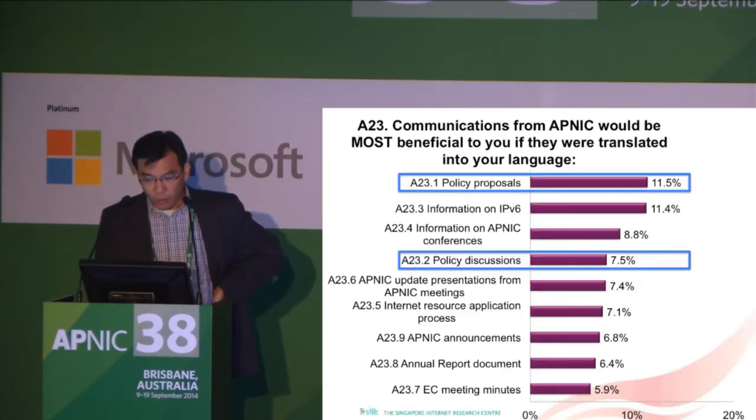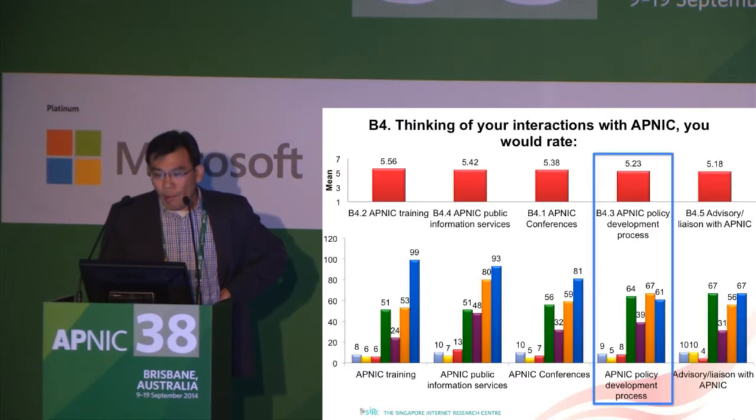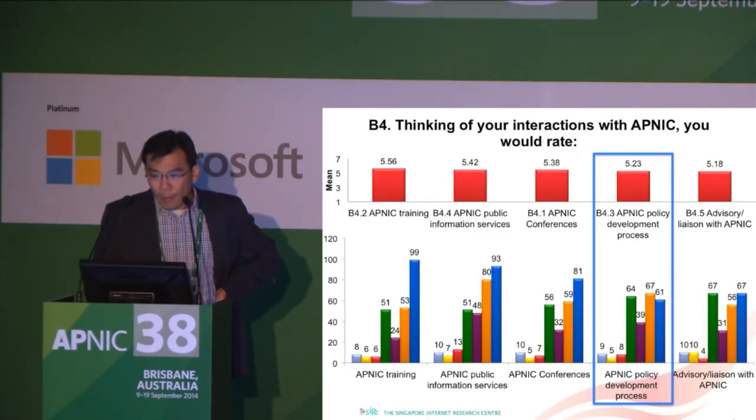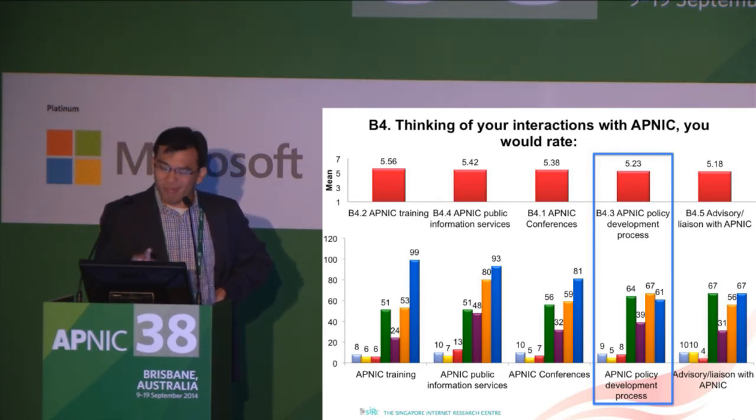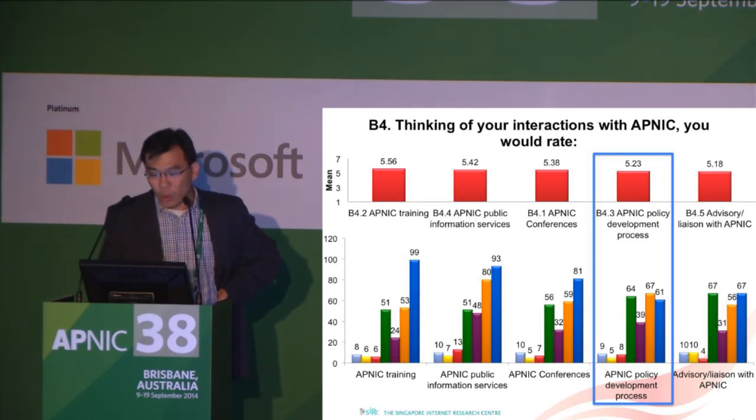Yeah, that's quite a good point. Then from the next slide, they showed answers from non-members. This one is about thinking of your interaction with APNIC, how you would relate. Regarding the APNIC PDP, there is a little less satisfaction compared with other items like training, public information services, or conferences.